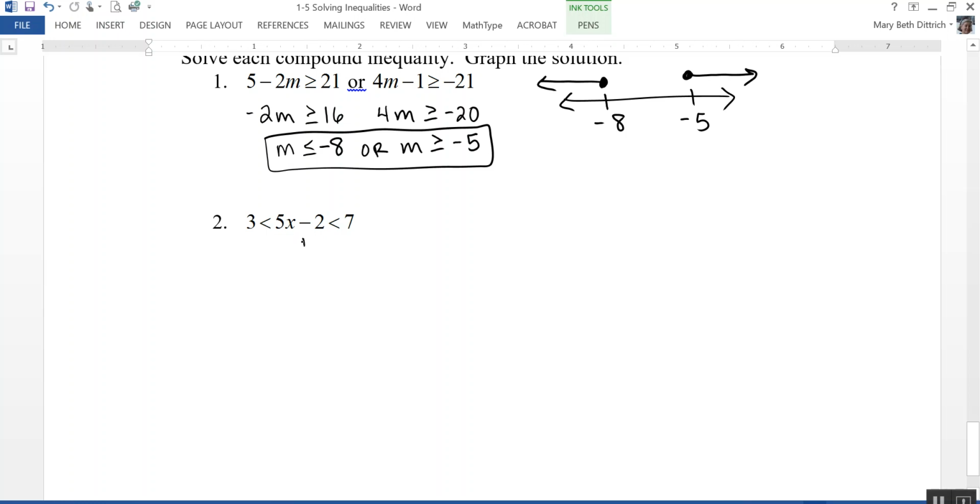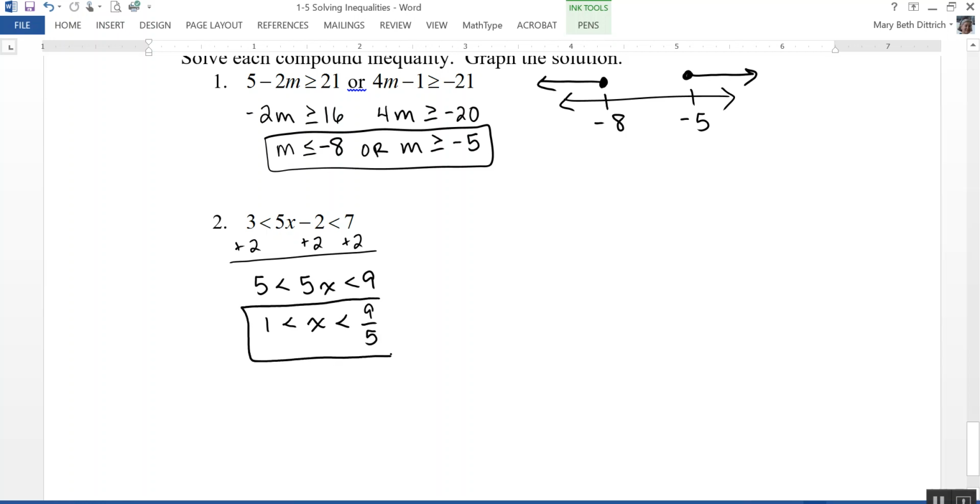To do that, I want to add 2 to all these parts. So I will end up with 5 is less than 5x, which is less than 9. And now divide each part by 5. I'll get 1 is less than x, which is less than 9/5.